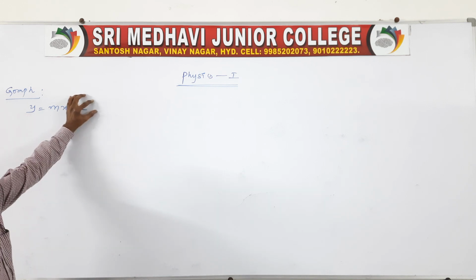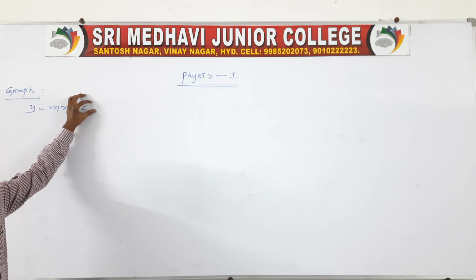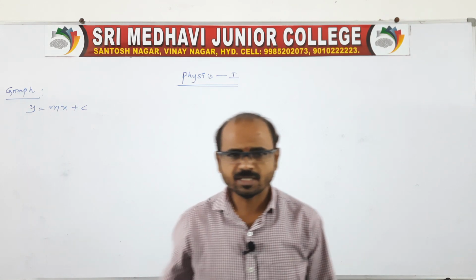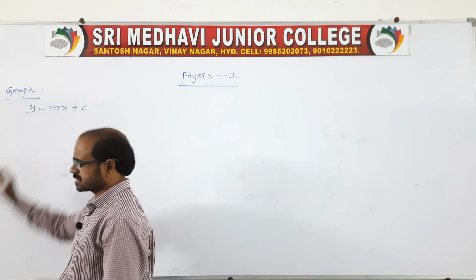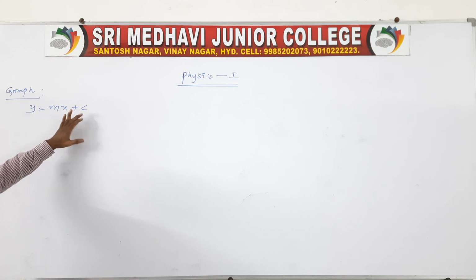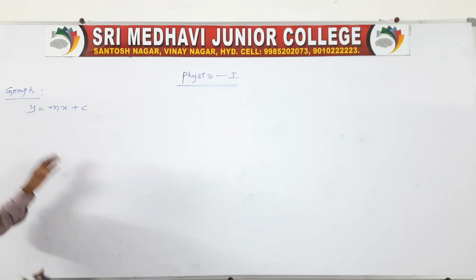Suppose c is not there, then we know the graph is a straight line, which passes through the origin of the given xy coordinate system. In the previous class we discussed the graph of y = mx. Suppose some c is there, what is c? c is nothing but a constant. If the expression is given like this, then how will the graph be?